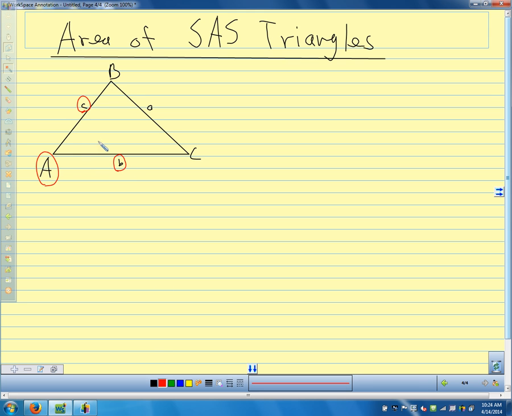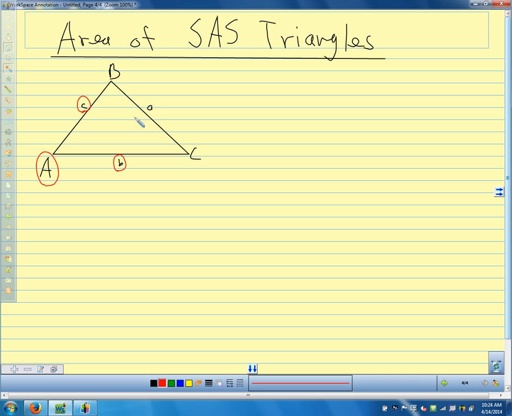So this little picture, you have on your graphic organizer, you have a circle for side angle side triangles up at the 11 o'clock position. So what I would suggest is that you draw this little picture into that circle where it says the area of a side angle side triangle, because it gives you the formula.